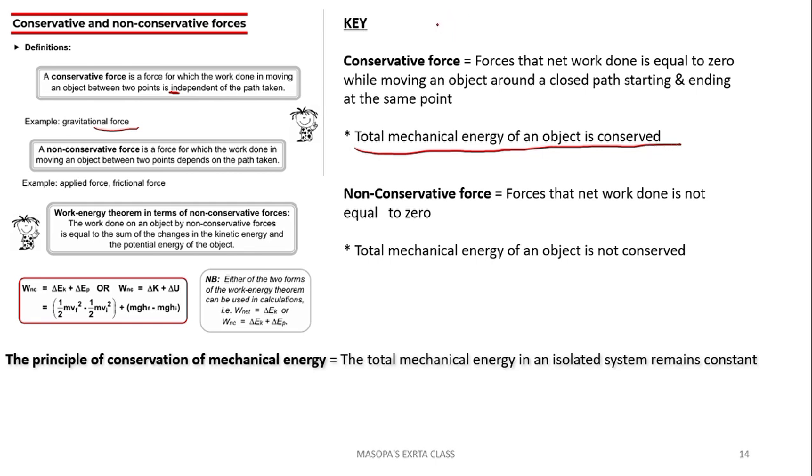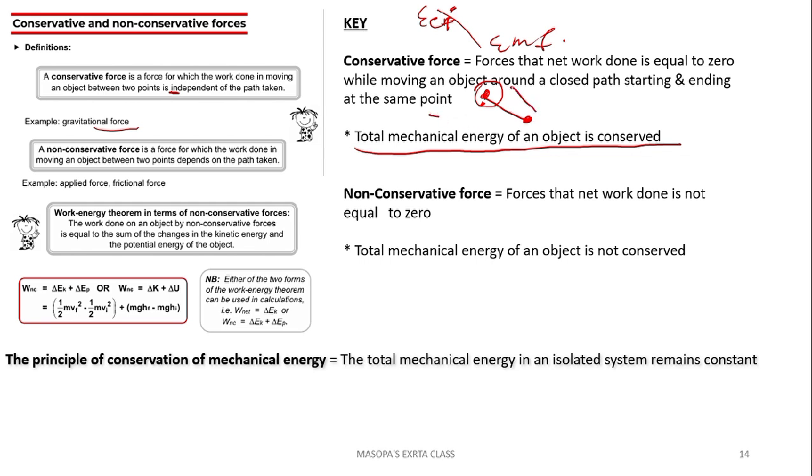Remember when we were dealing with the work energy theorem, we said that if there's no presence of frictional force, the Emech initial equals the Emech final, right? If this object comes here and goes there, then when you calculate the work done by gravity here, we get maybe negative.